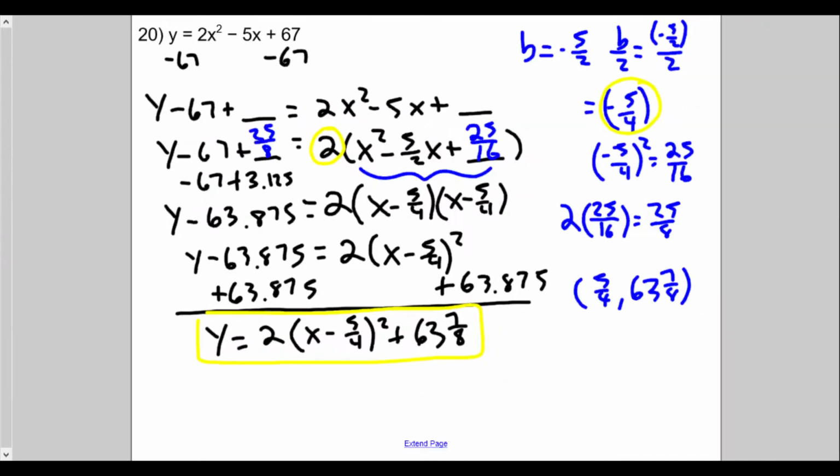But we can also check this to make sure. Okay, so next, full page for you guys to see this now, and we're going to take this and try to find the vertex the other way using our axis of symmetry. So we said in this case, y was equal to 2x squared minus 5x plus 67.